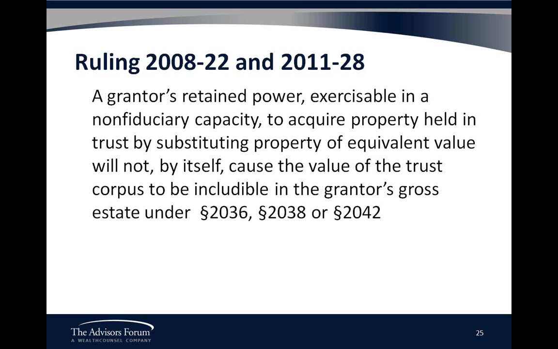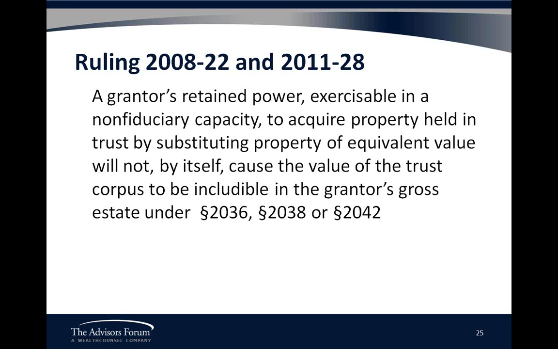So if the grantor, and I don't know why you would do this, were to buy the policy from the trust, the grantor would have to give fair market value for that policy, whatever the fair market value is on a life insurance policy. But now the grantor has the policy back in the grantor's estate, which is where it's going to be if the grantor dies. So the concern really was that the mere existence of the power of substitution, if it included the policy of insurance, might cause inclusion of the whole trust.